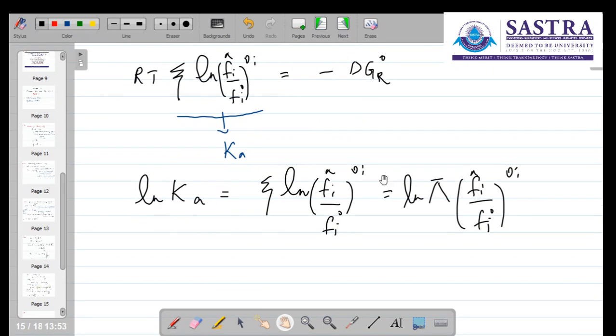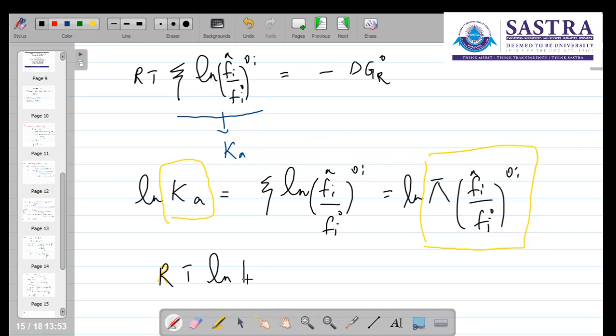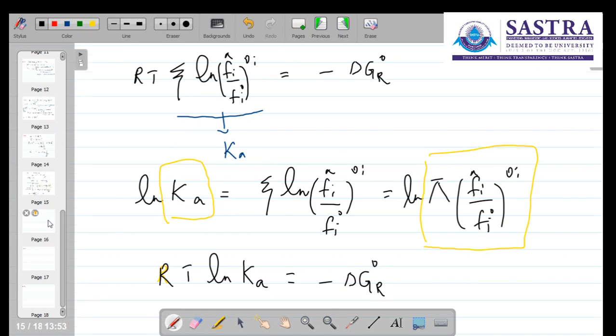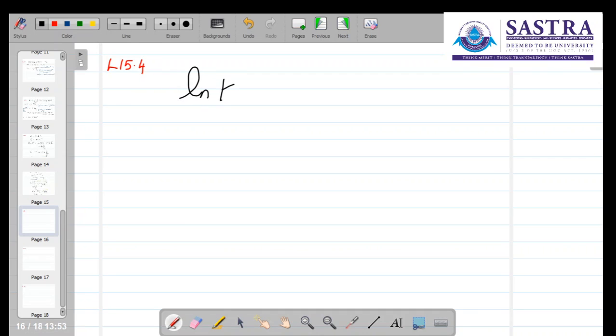So this is the definition of ln Ka. So you can see here this term denotes Ka. If you denote this term as Ka, then your expression becomes RT ln Ka is equal to minus delta Gr naught. And now this relates the equilibrium constant as ln Ka equals minus delta Gr naught by RT.